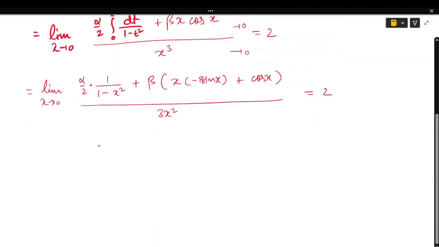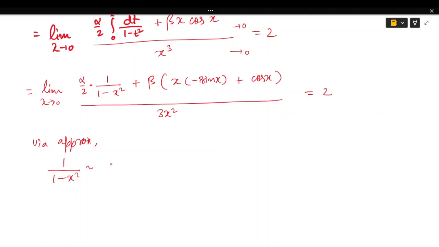Now we know a little bit of approximation. 1 upon 1 minus x square can be written as 1 minus x square to the power negative 1, and approximately it is 1 plus x square, since 1 plus x whole to the power n can be written approximately as 1 plus nx, right?